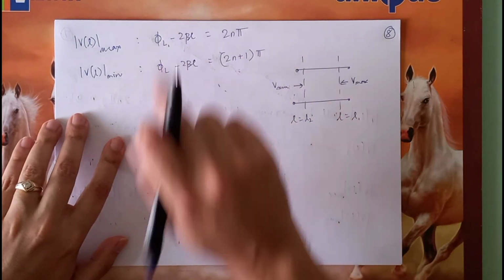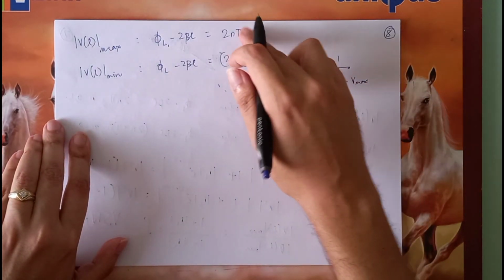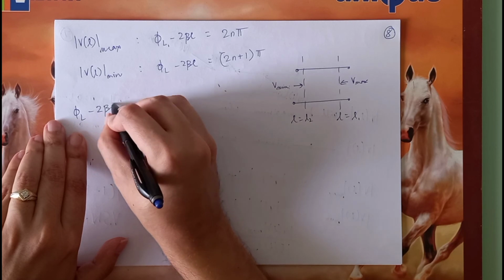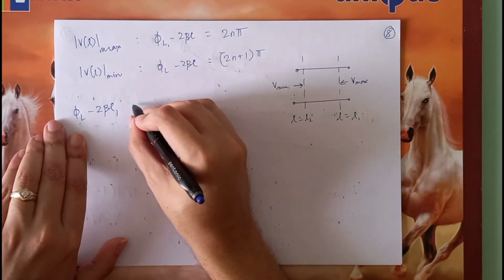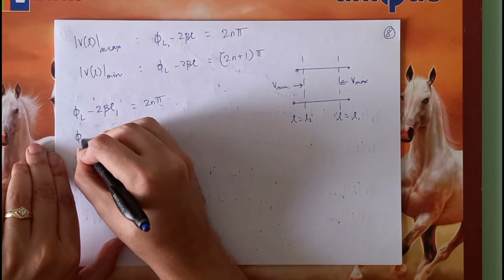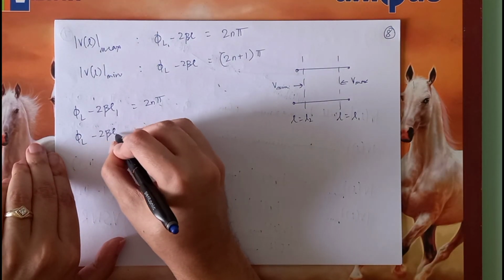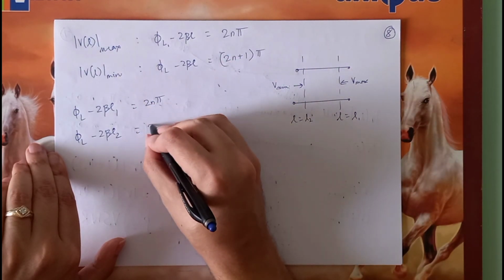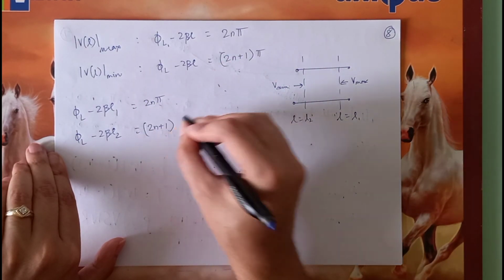So therefore, let us substitute them. So here L will be L1. This will be some 2n pi. Likewise, phi L minus 2 beta L2, because it's the minima, it will be (2n plus 1) pi.